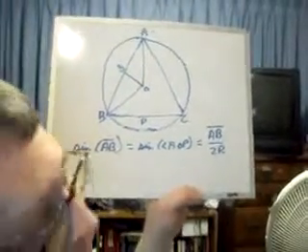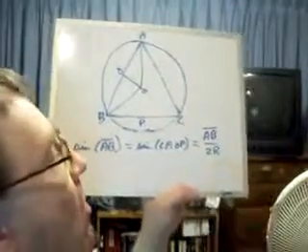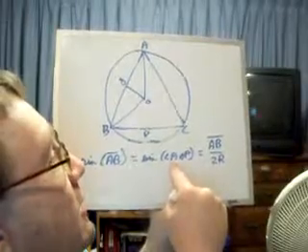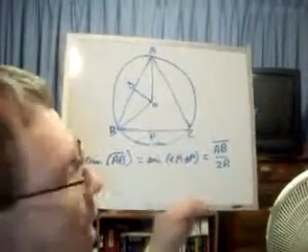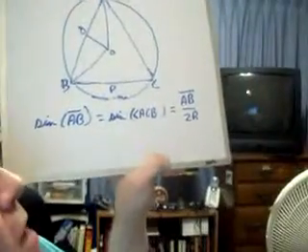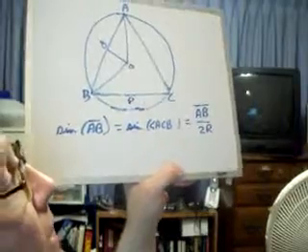Since we know the sine of AOP is that, didn't we say earlier that AOP is the same size as ACB? Of course we did. Well, let's replace that AOP with ACB. Does that look familiar to you? Now let's take the 2r and multiply it out.